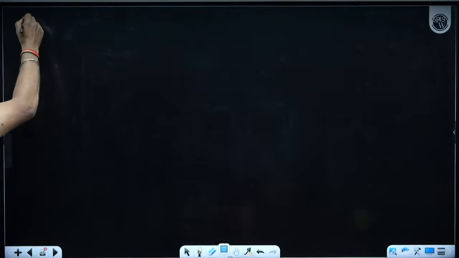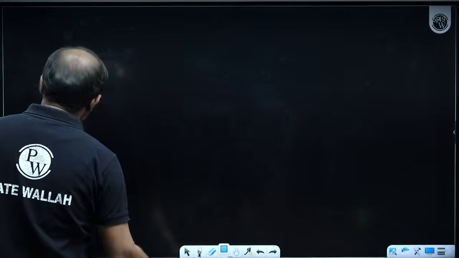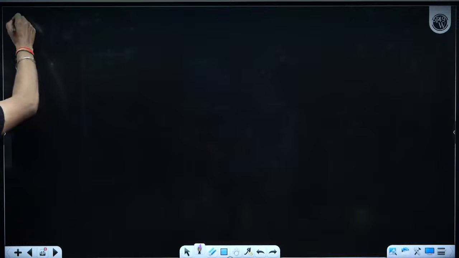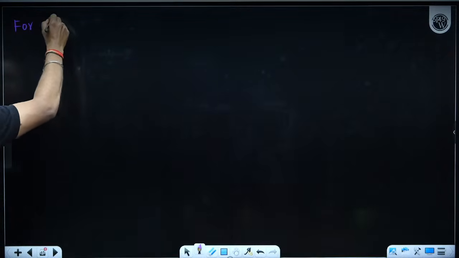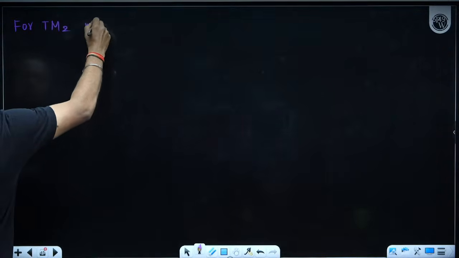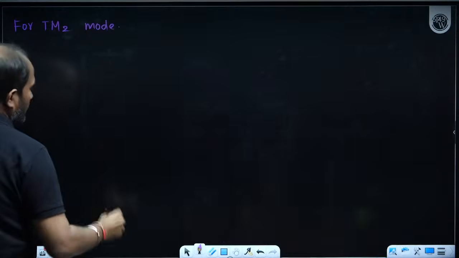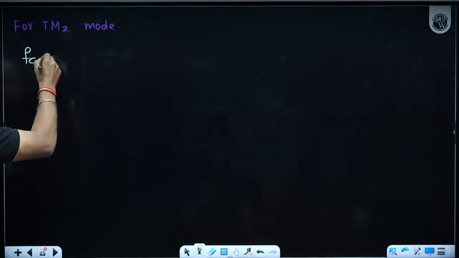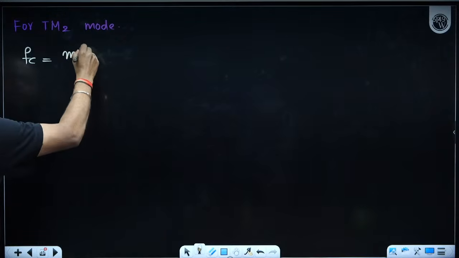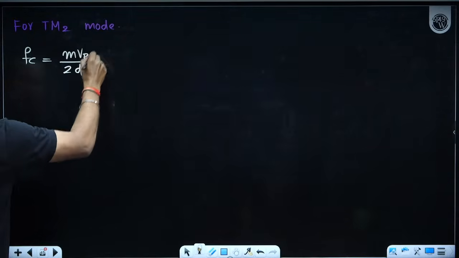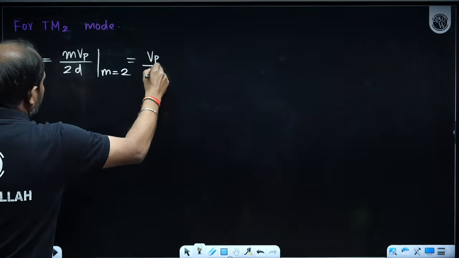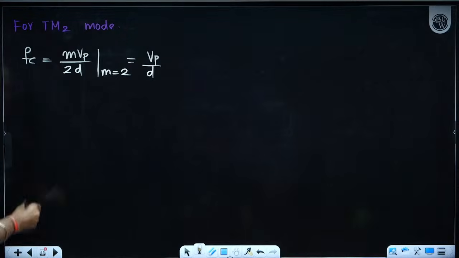Then we will go for the TM2 mode. So for TM2 mode, what we will have? For TM2 mode, Fc is equal to MVp by 2D, where M is equal to 2, Vp by D. Fc we have calculated.